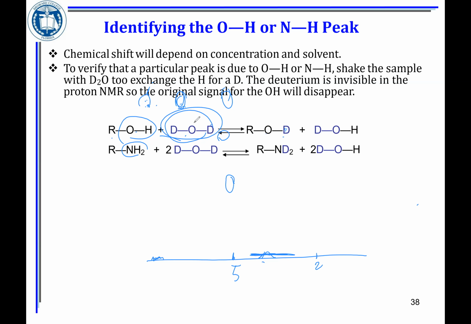So if you mix your sample, which you didn't know actually had OH, with D2O, leave it for 24 hours, and take the NMR again, this peak would disappear. That is the proof that your molecule actually had OH or NH. For both OH and NH, if you add D2O, the deuterium isotope of water, heavy water, and leave it overnight, all the OH changes to OD, and it doesn't show a peak in NMR. So you would see that it is flattened.